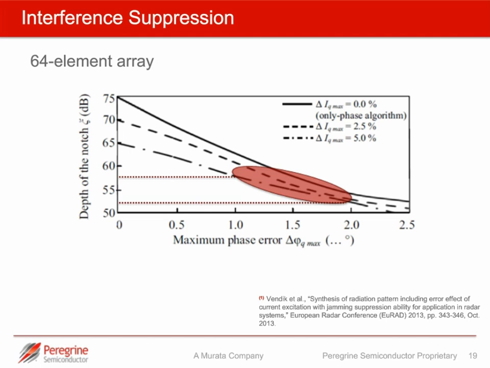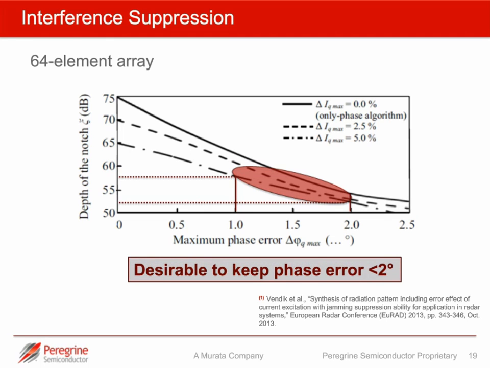The three curves, the two dotted lines and the solid line, are with different levels of amplitude error. So this is primarily dominated by the phase error. What we can see is that it's desirable to keep the maximum phase error below 2 degrees.